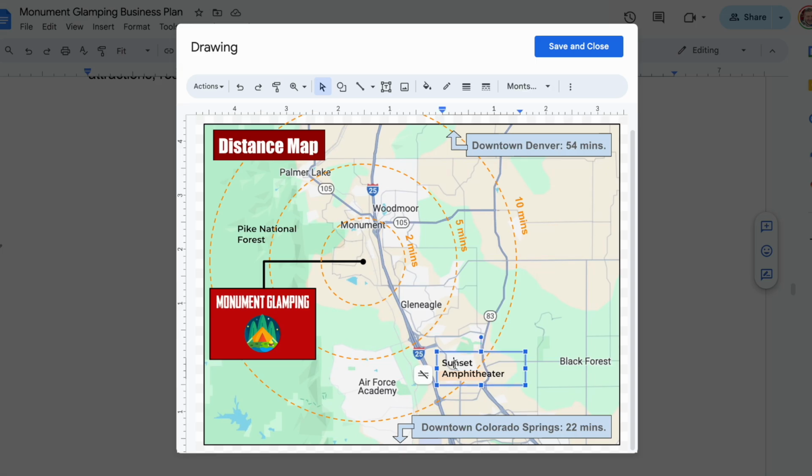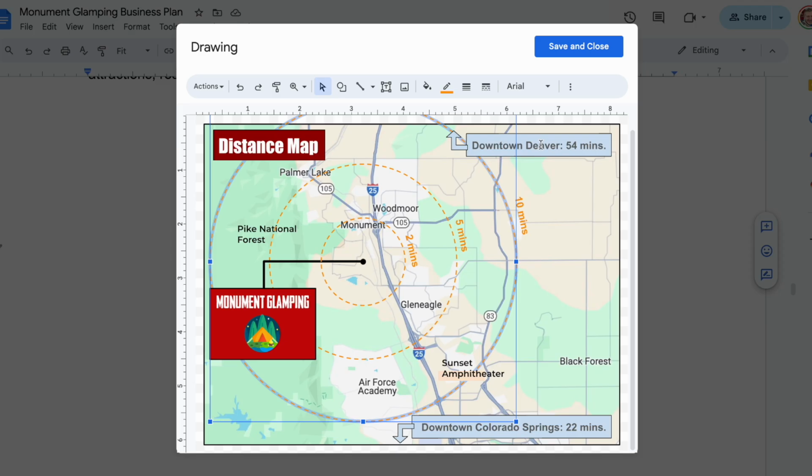I put in Sunset Amphitheater because that's brand new. Air Force Academy has their visitor center already, but Sunset Amphitheater is really huge. You get off the interstate there and get on the interstate right there. We're one exit down from the Sunset Amphitheater, and I'm making a big deal out of that for investors to know.